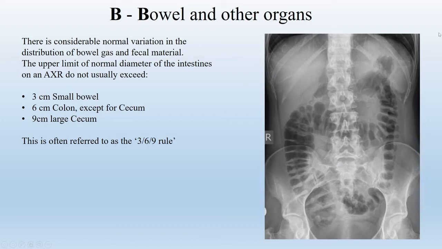Over here is the normal abdominal X-ray. You can see the large bowel, ascending, transverse, descending and sigmoid colon, and you can see the haustra. They do not cross the whole lumen of the large bowel.